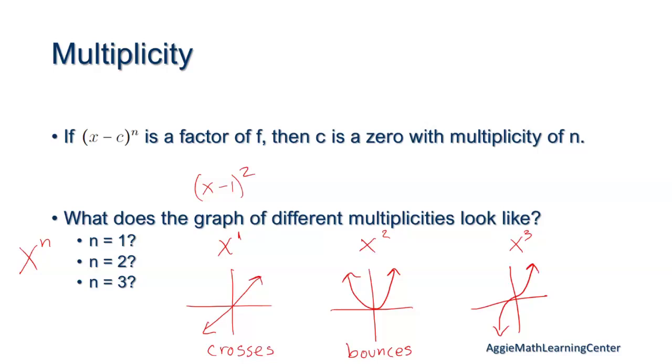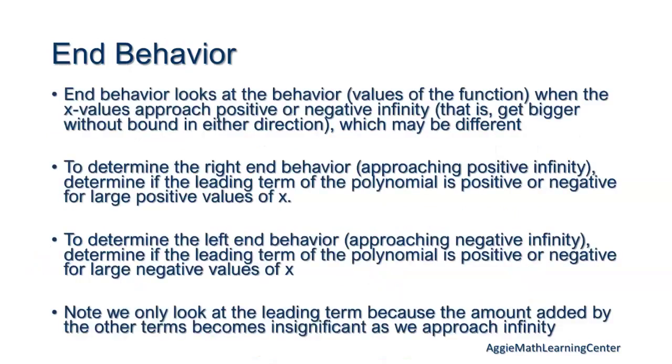It very slowly goes there. I'm going to write halts, but you don't have to do that. But that tells you, if you've got your 0 there and it has different multiplicities, how you know which one is which and how they act around the x-axis. Doesn't mean it's not a 0. They're all still zeros. They just act differently.